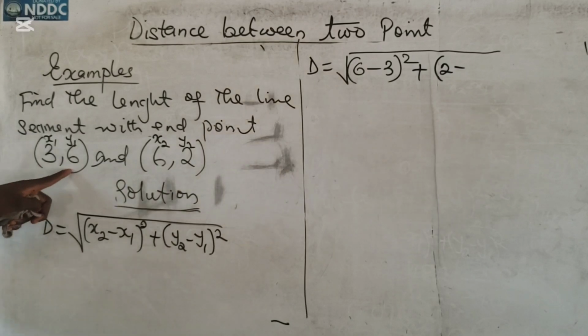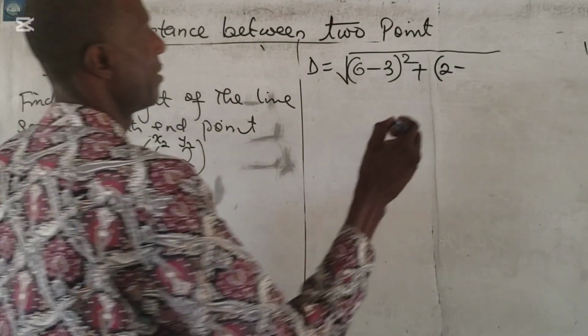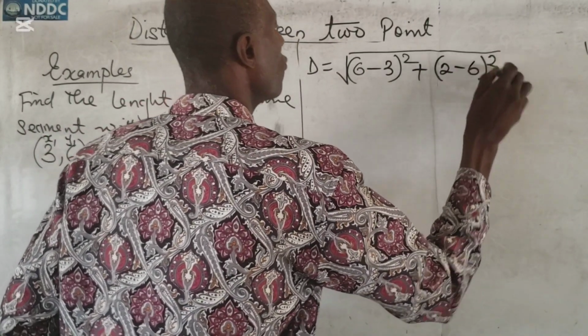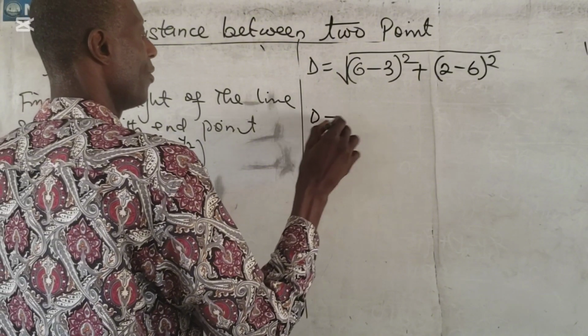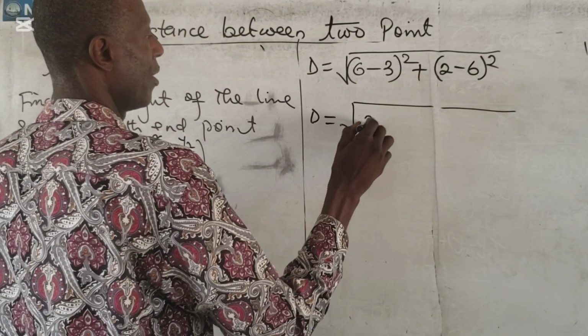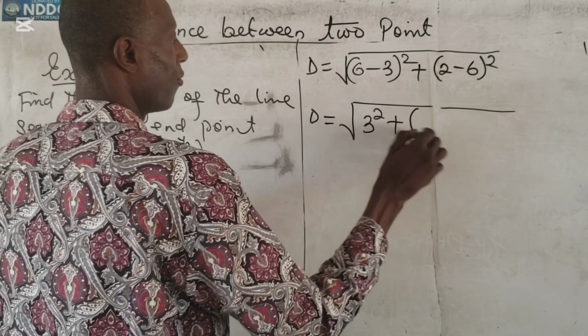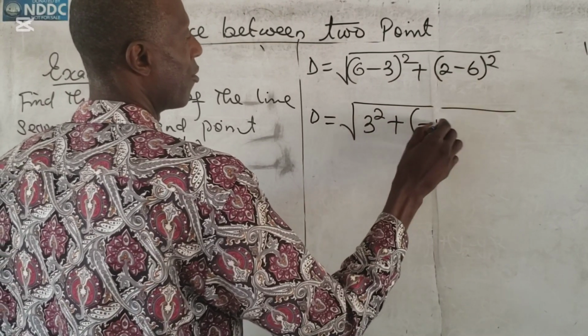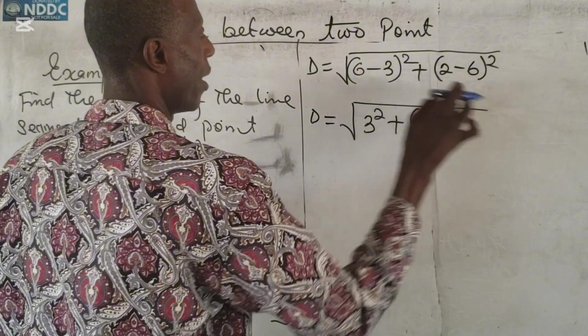What is y1? y1 is 6, all squared. So now D is equal to the square root of 6 minus 3, which is 3. So here is 3 squared plus what is 2 minus 6, which is minus 4, all squared.